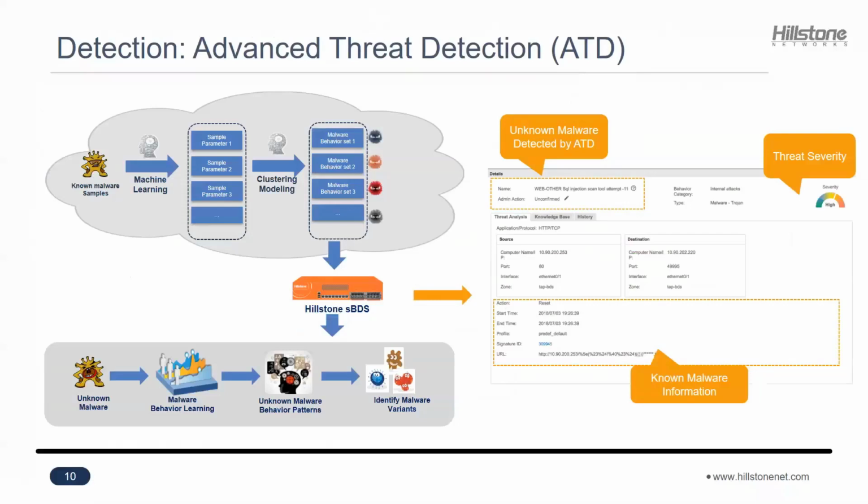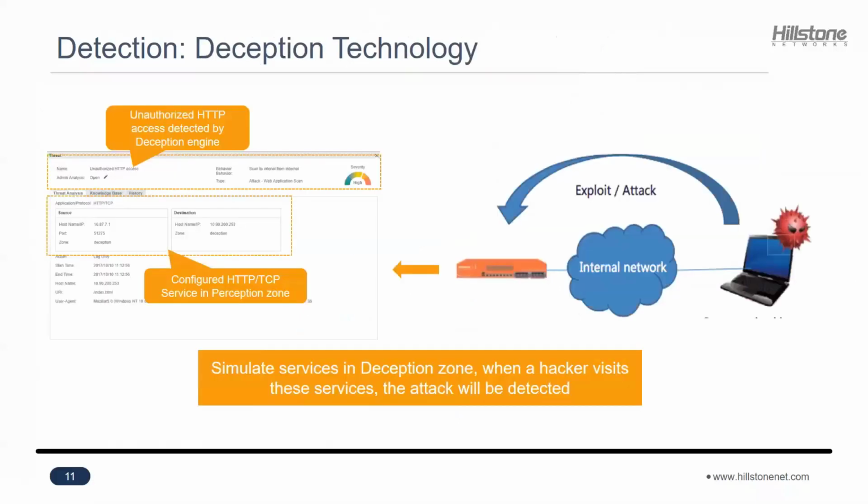We use supervised and unsupervised machine learning to model all these different families, and then we install this model on this appliance and check against the live traffic. This machine learning model is also regularly updated with the new samples coming in. This is what we call the ATD, Advanced Threat Detection Engine.